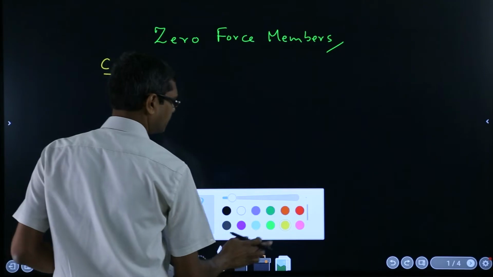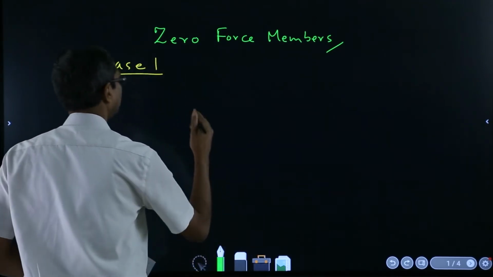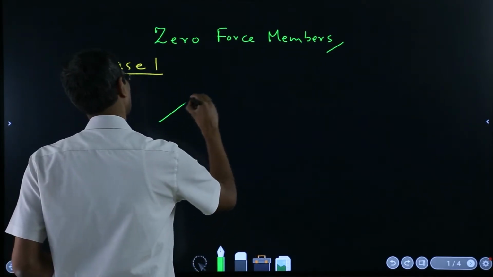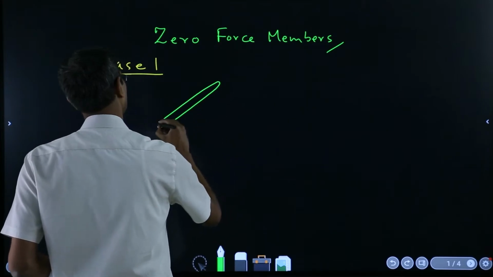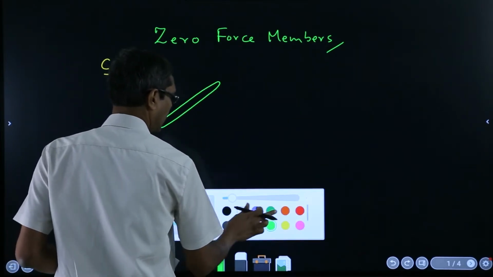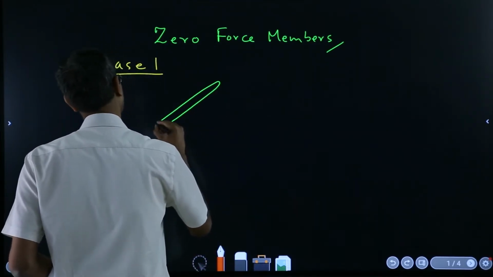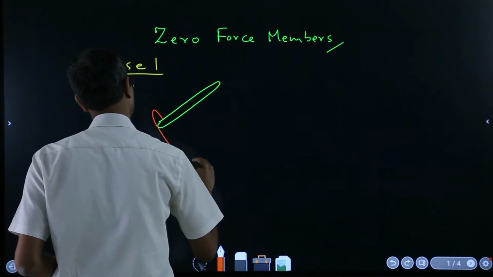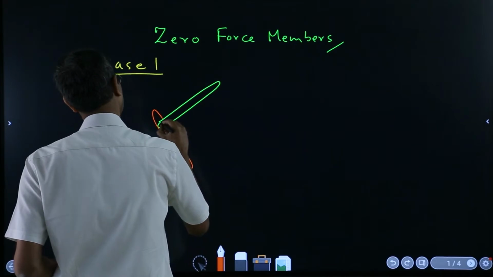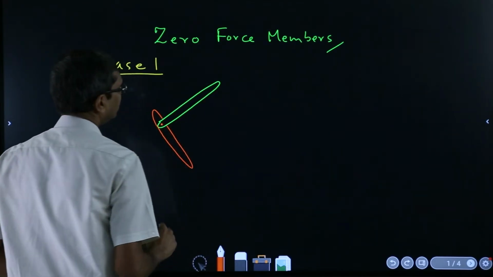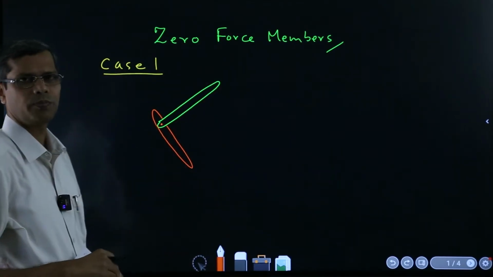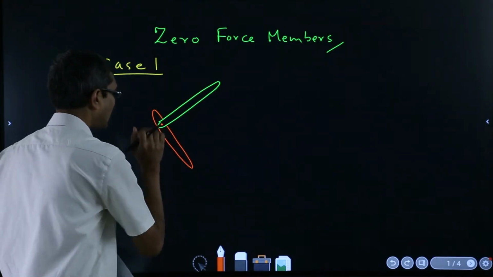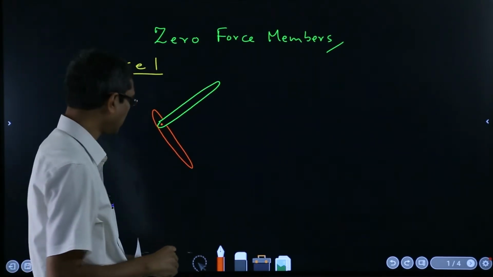Case 1 is when you have two members. Say this is one member and this is another member. They are connected at this point and there is no external load applied at that joint. Okay.